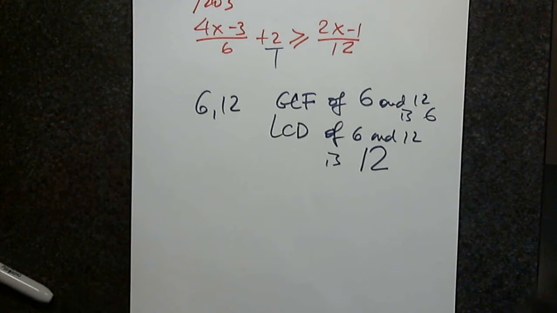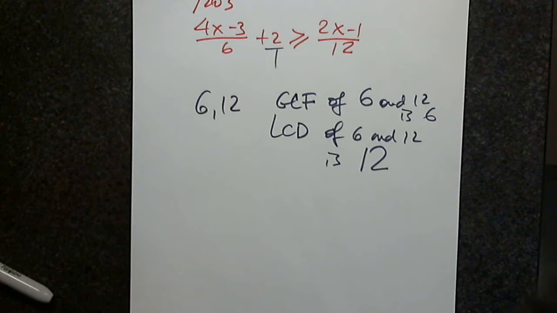So 12 is the smallest number that is divisible by 6 and 12. The greatest common factor is the largest number that goes into 6 and 12. The least common multiple is the smallest number that is divisible by 6 and 12.